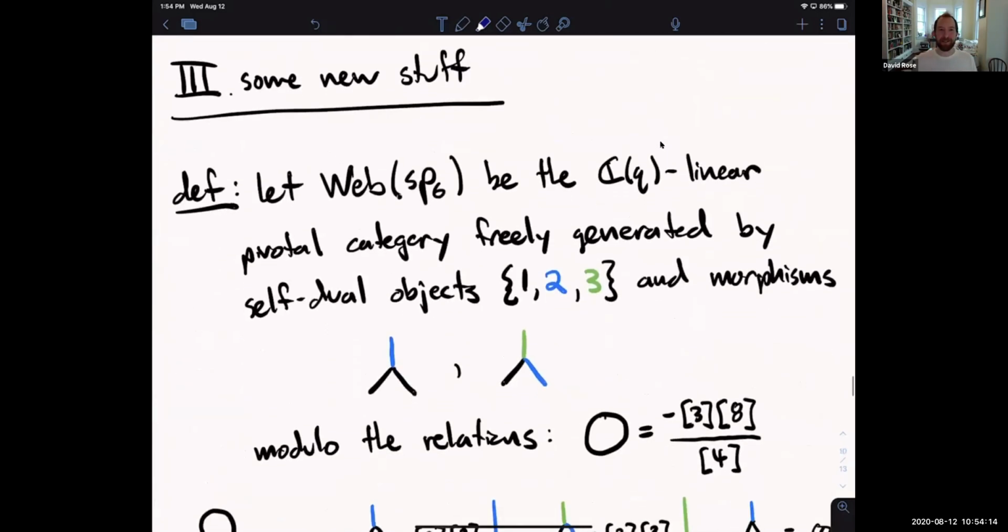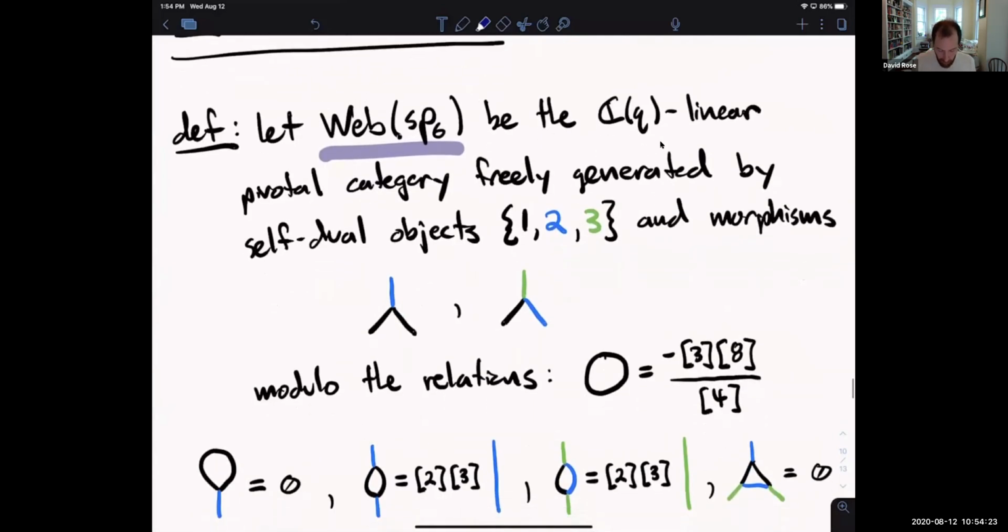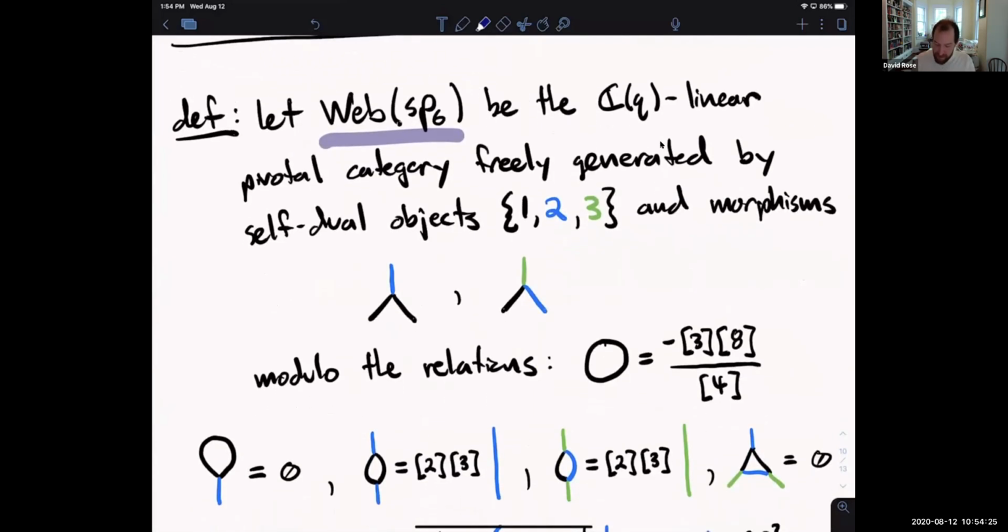So, some new stuff. Let me define a category for you. I will call it Web SP6. As before, it's a C-adjoint Q-linear pivotal category. It's freely generated by rank 3 self-dual objects in this case. And I need 2 generating morphisms here.